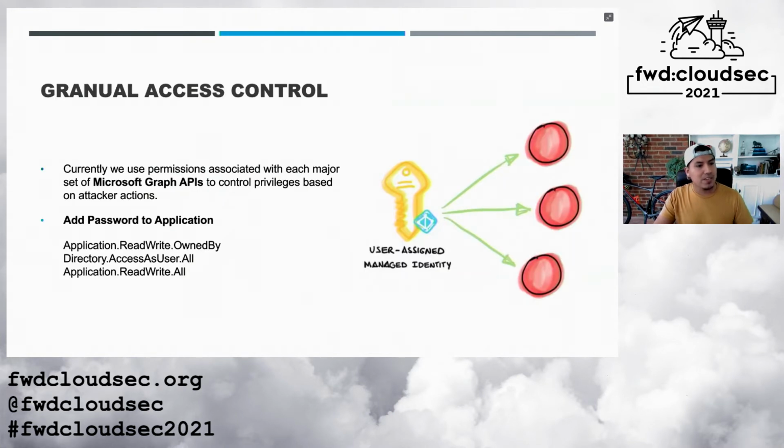So at the end, this access for us is currently being provided by using, for example, Microsoft Graph APIs. Meaning if I want to execute something through the Graph API, then I need to provide permissions to execute those actions. So for example, if I want to add credentials to an application, I would need one of those permissions to execute that action.